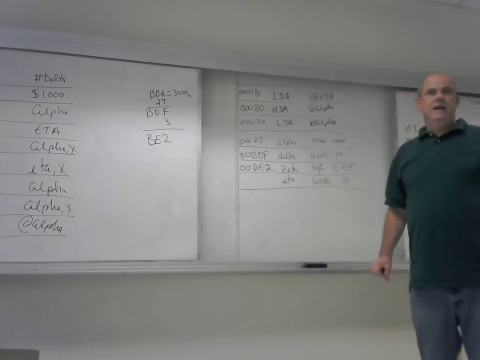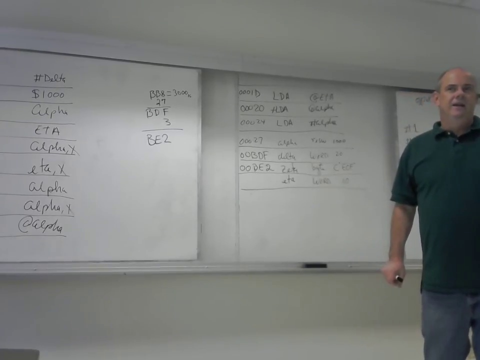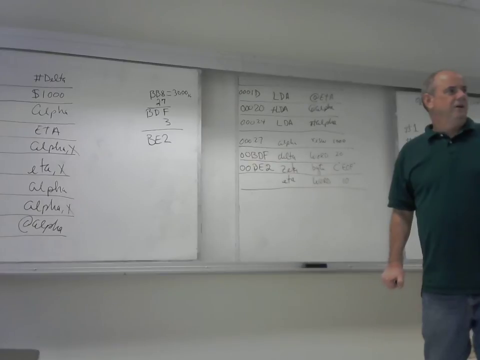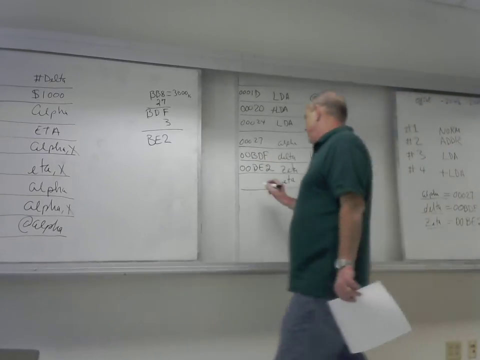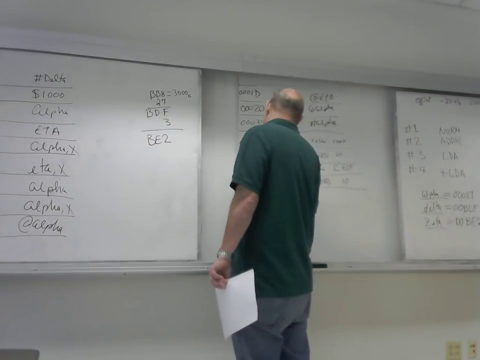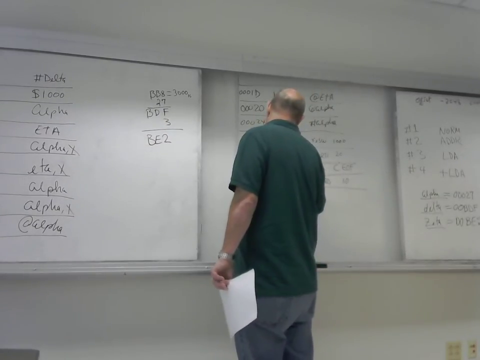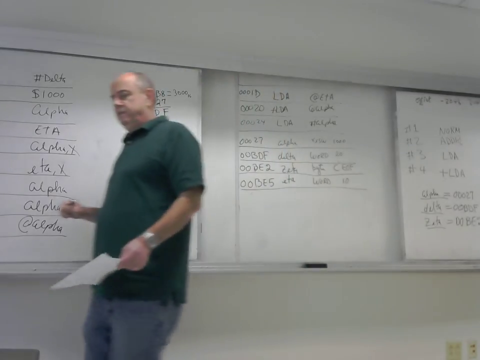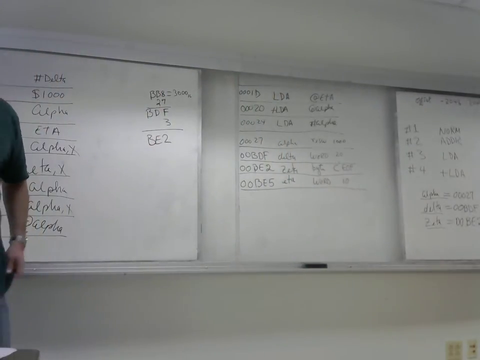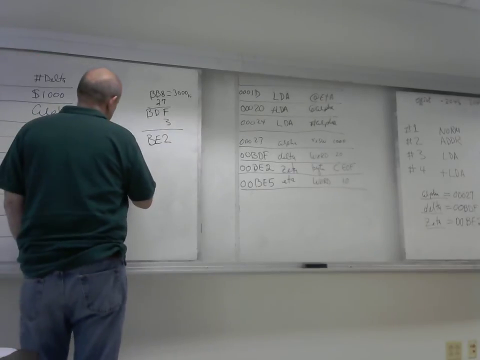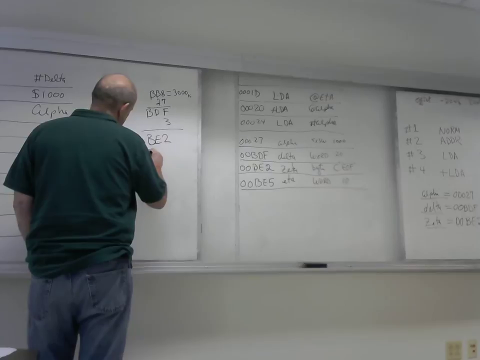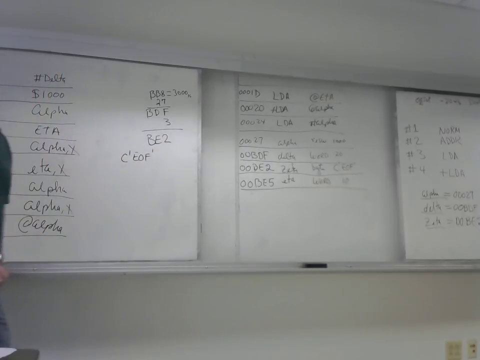How much space does that take? 1 for each character. And there are 3 characters. Now don't get confused with this byte declaration. We haven't done a whole lot with this. But understand that there's 2 forms. C'EOF'. C stands for character. So you put them in: an E, an O, and an F.